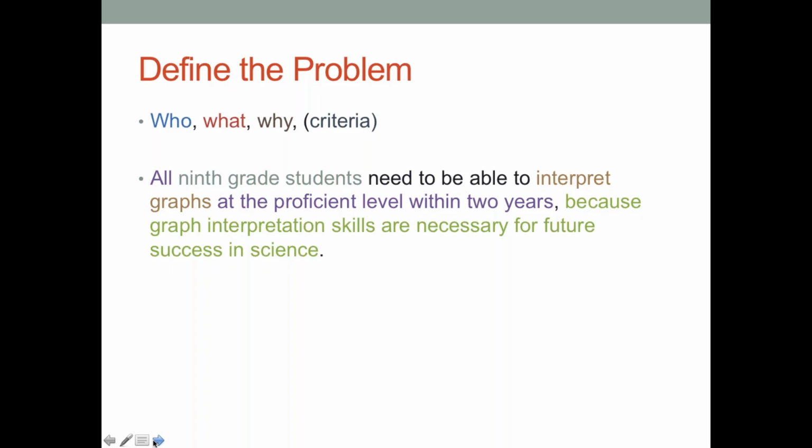They need to interpret graphs at the proficient level because graph interpretation skills are necessary for future success in science. And Carl expanded that and said we need this for life. This is something that's important. And so that's where engineers start. They start with this problem statement and they define it this way because it allows them to figure out how to start to grapple with this problem.